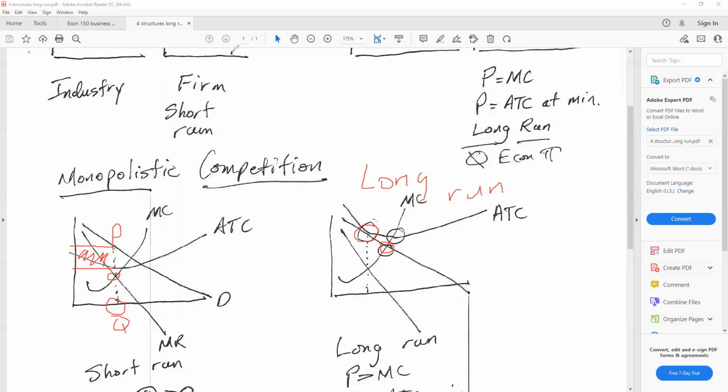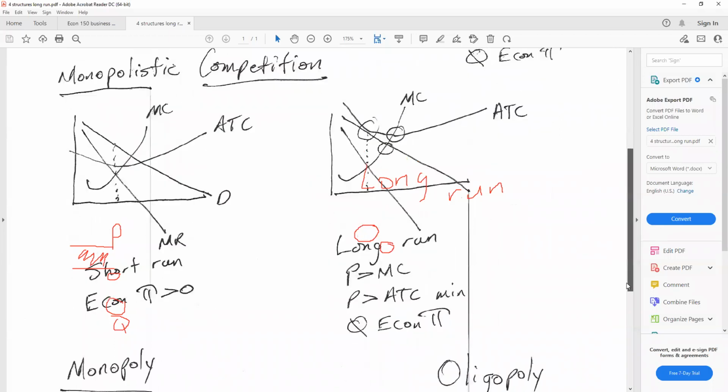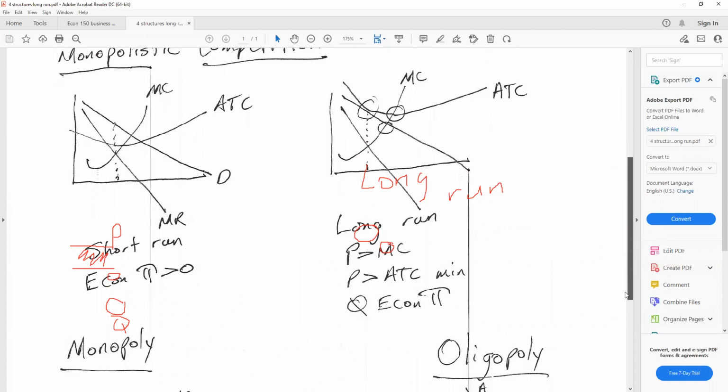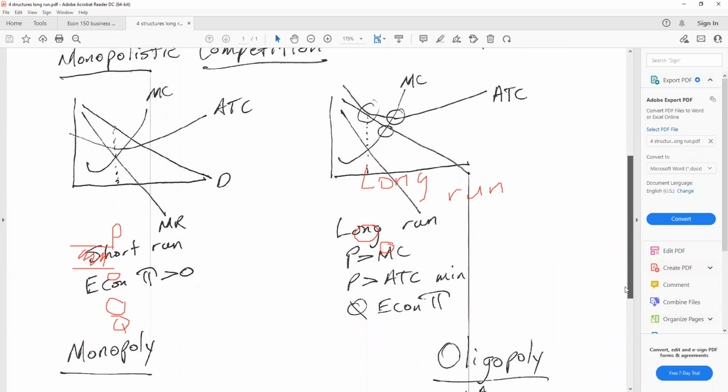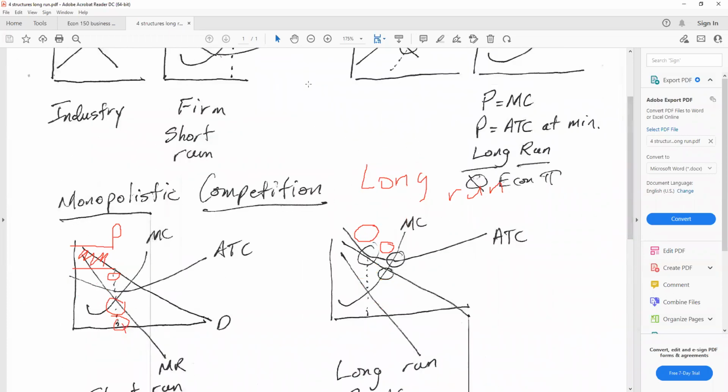So in monopolistic competition, we have neither allocative efficiency nor productive efficiency, but it's still fairly close to what we would have in pure competition. We also recognize that all of the economic profit is squeezed out, even though we do have accounting profit.